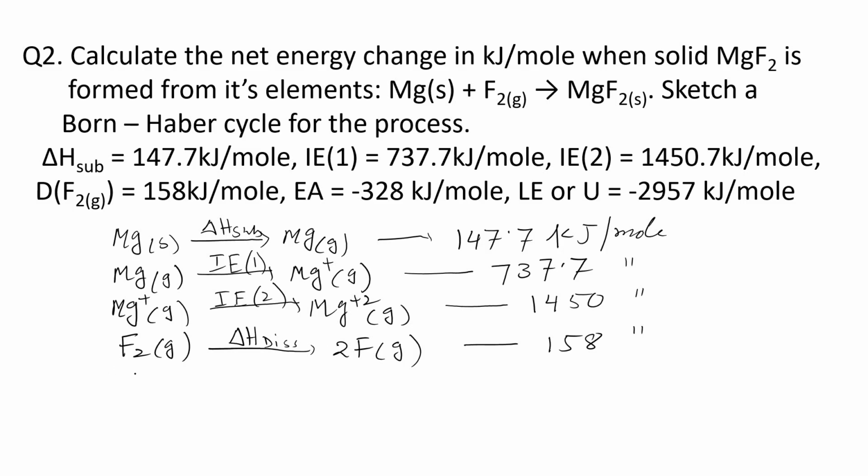Now, electron affinity. Electron affinity of two fluorine atoms. That means your two fluorine gas, then this electron affinity. For one fluorine, it is minus 328, so for two fluorine atoms it will be double of it.